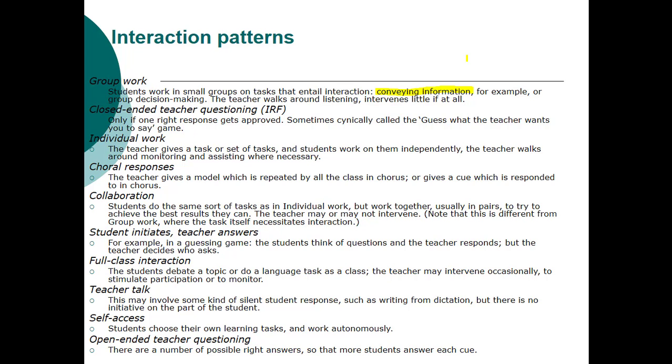So in this case, it's conveying information. I have found this information, but I'm going to say it. You have found that information, and then you're going to say it. In this case, we are related to something called group decision making. That's going to be the most important thing related to group work.